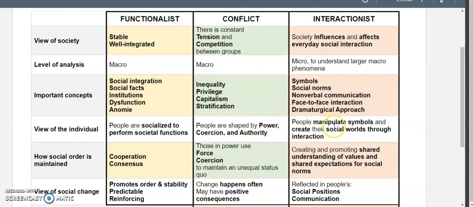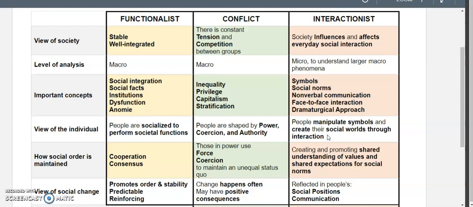The view of the individual is that people maintain symbols and create their social worlds through interaction. Again, this happens between the boy and the girl as they are creating this new social norm of taking care of this flower, creating this new meaning, that it's the last one and it matters, that saving it matters. As a result, people start manipulating more symbols and start rebuilding their social world. They start manipulating stones and figure out that they can use that to build shelter.